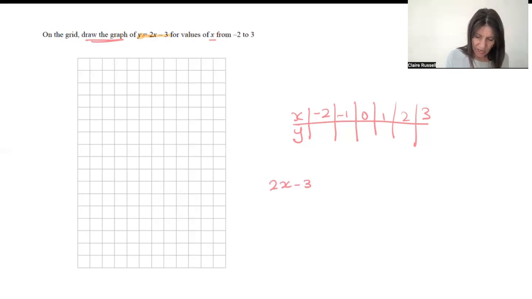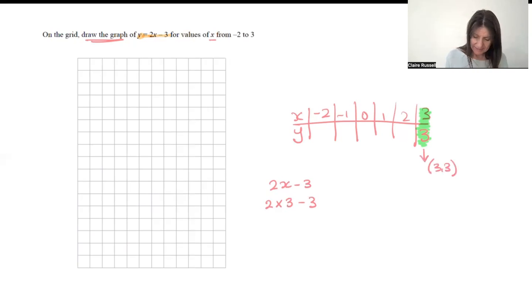Let's say we are working on this X value first. That means the X is going to be 3. So 2 times 3, replace the X with the 3, is 6, take away 3 is 3. And that would be one of my coordinates that I plot. So I would have the coordinate 3, 3.